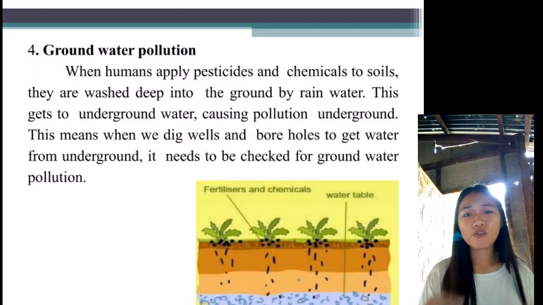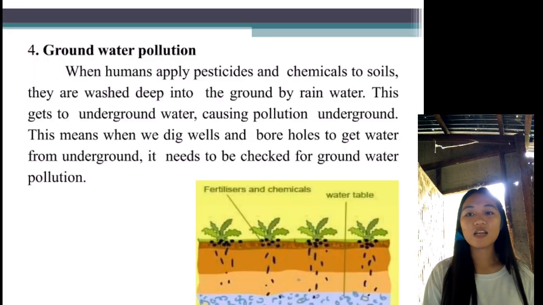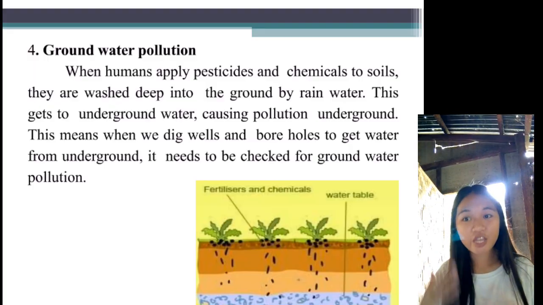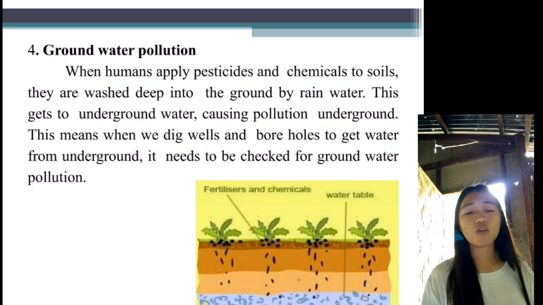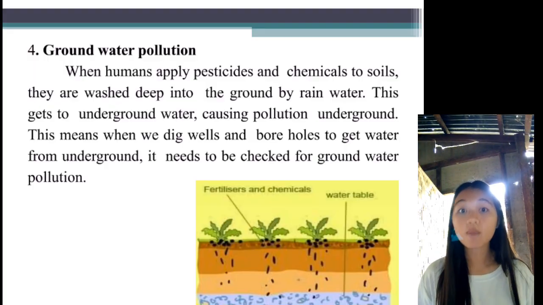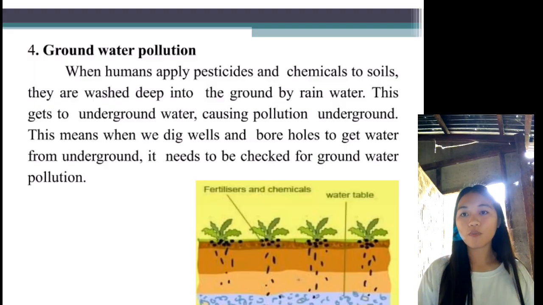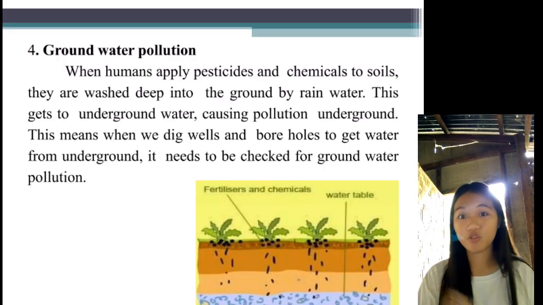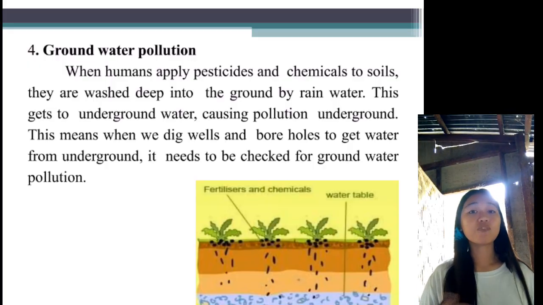Of course, when people or the government make wells, or tabay in Bisaya, they really need to check the quality of the water, because as I mentioned in 10.4, groundwater is used by plants and also humans to drink. If it is made into drinking water, it has to be checked for groundwater pollution, because it is not healthy. It is a risk to people.